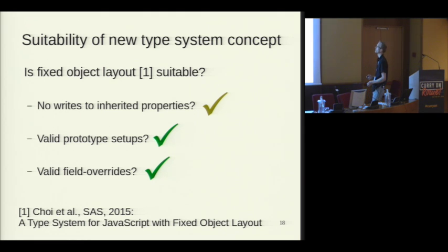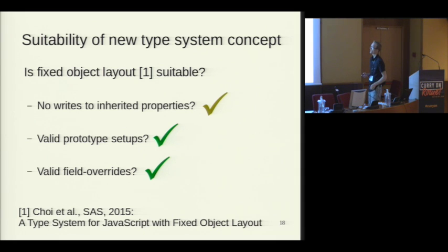For instance, there is a type system for fixed object layout at SAS last year, where a question during the design of this type system was whether programs satisfied certain properties. For instance, whether writes didn't occur to inherited properties, and using trace typing we found this to be mostly true, and in the cases it wasn't true, it was easy to rewrite the programs slightly.